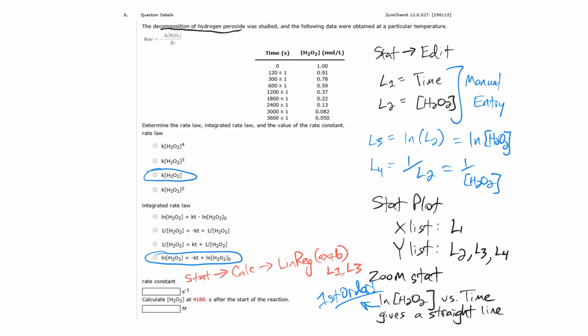But when you hit stat calc linreg L1, L3, you get a value of a, being the slope, of negative 0.0083.